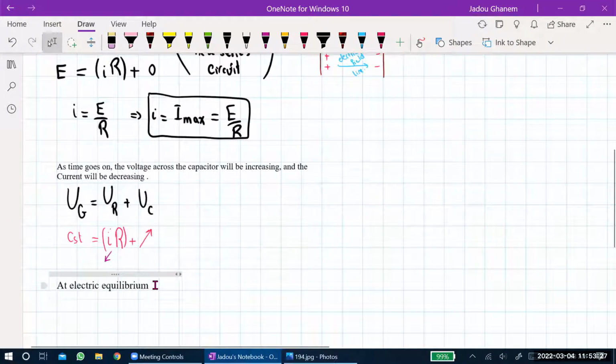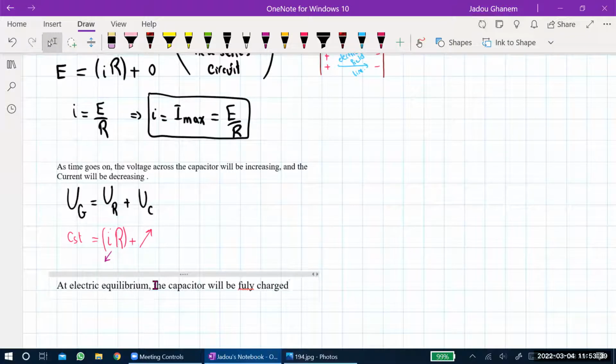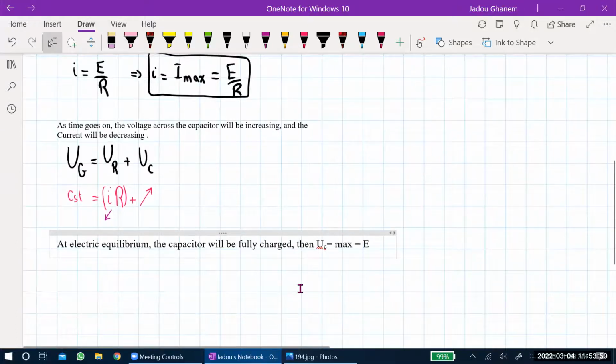Okay, at electric equilibrium, the capacitor will be fully charged, and it will gain the same voltage as that of the battery, or as that of the voltage source. Then UC will be equal to maximum, which is E, capital E, which is the main voltage of the battery.